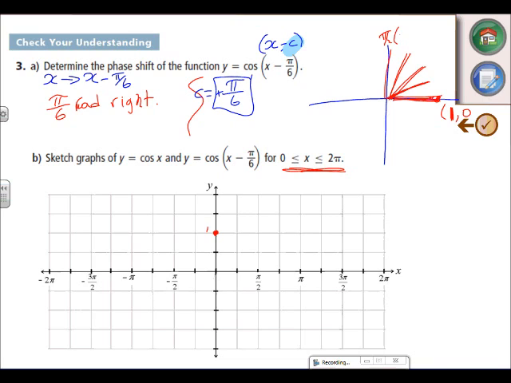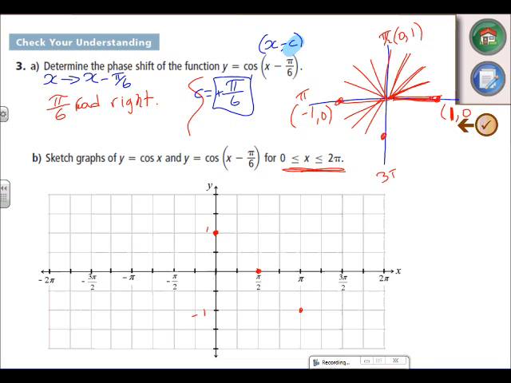At pi over 2, we've got 0, 1. Which is down here. Then we go through the rest of the unit circle. You could plot those points, take the decimal form. Then at pi, we've got negative 1, 0. So go find pi and negative 1 down here. And then again, you could plot those three if you want.